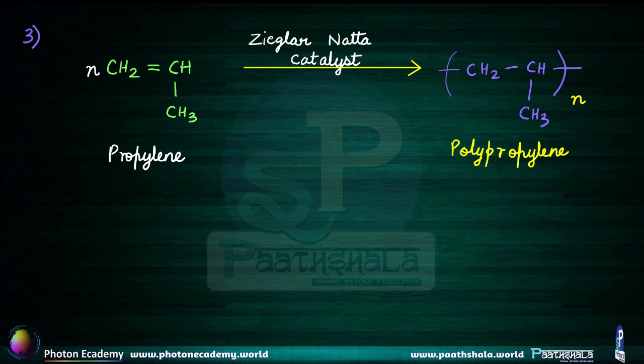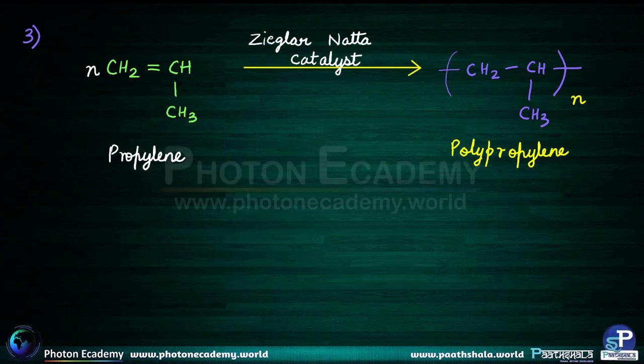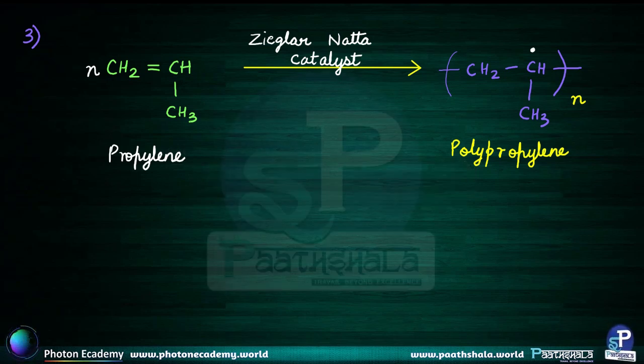Because it is an addition polymer, if we see it going through a radical mechanism, imagine a radical being developed over here for attachment. Because of this radical, there will be many chiral carbons occurring, and these chiral carbons will be randomly oriented, so the quality degrades.